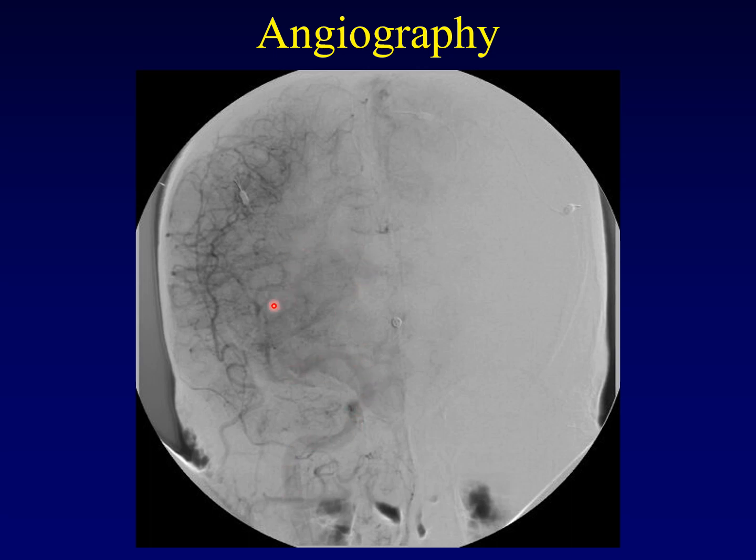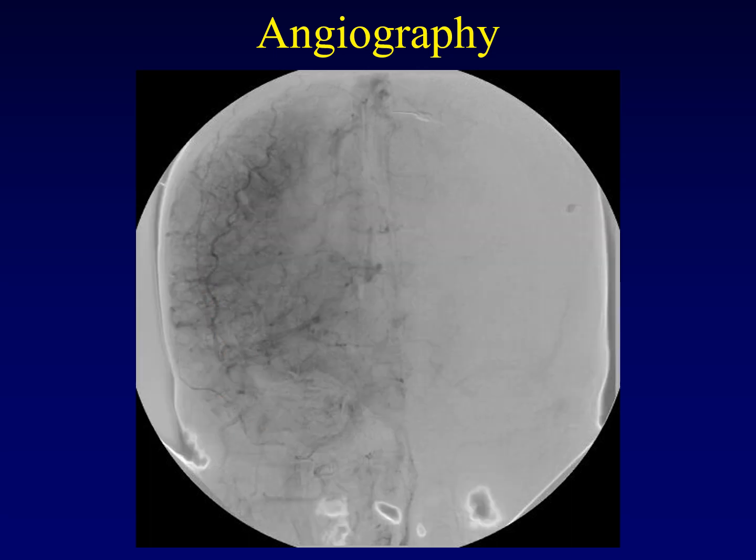There's still plenty of blush within the brain parenchyma itself, but now we're starting to see filling of the venous structures. So this is an early venous phase of imaging. This is a later venous phase. You can start to see the large dural venous sinuses, and the arteries have almost completely emptied of contrast.